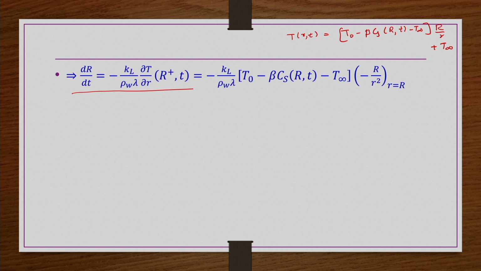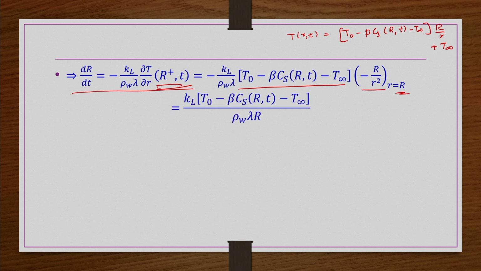So, from here ∂T/∂r, if you do it, you get this one multiplied by minus R by r squared, and then you have to substitute r equals capital R, because this ∂T/∂r is at capital R plus. Okay. So, now when you do this, what you have is K_L by rho_W lambda R multiplied by T naught minus beta C_S R comma t minus T infinity, as an expression for dR/dt.